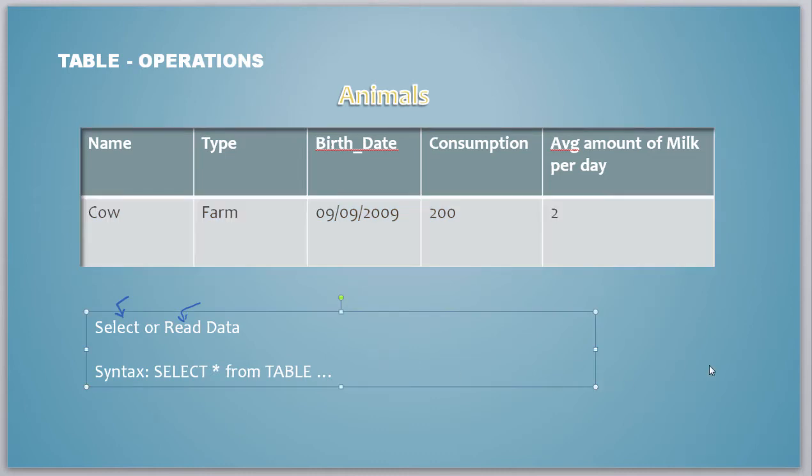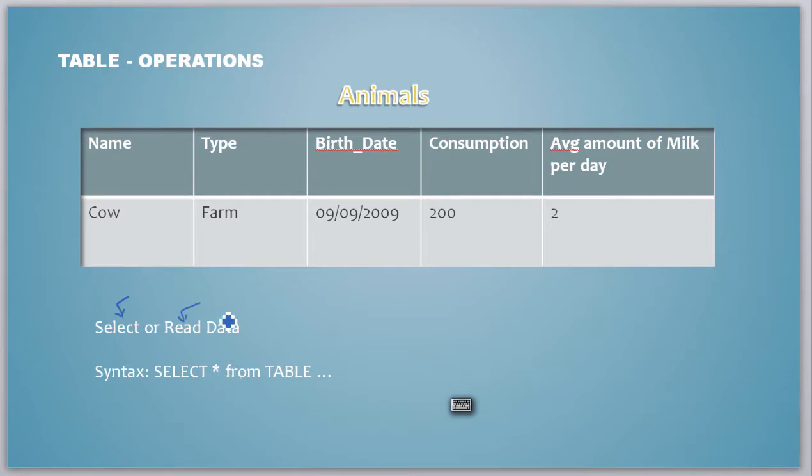So I'm going to read the data. To read the data, what command will I use? I would use select star. Again, let's not worry about the syntax, but I'll explain whatever I can.